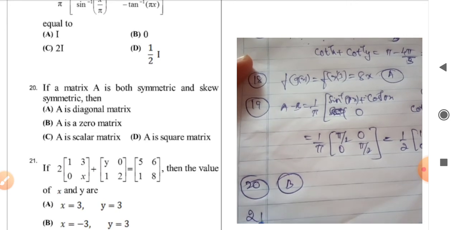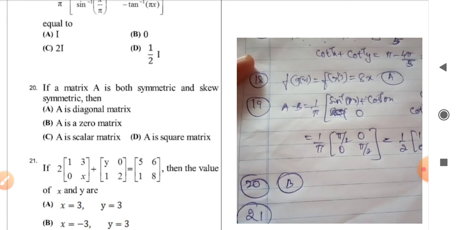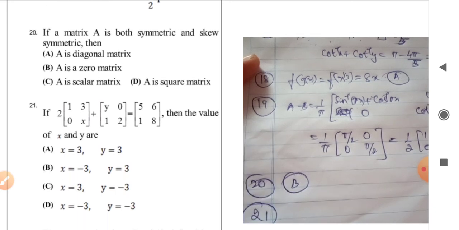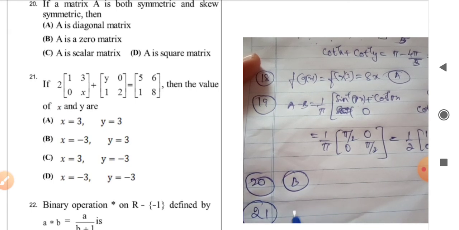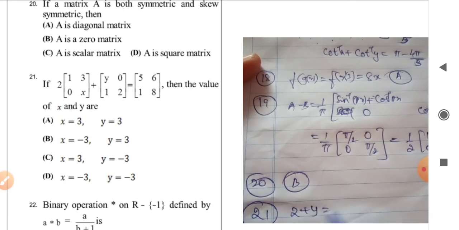Now I go for the 21st problem. When you look at this, they are asking about x and y values. Just directly take 2 into 1, multiplying first row first column, that is 2 plus y equal to 5, therefore y equal to 3.